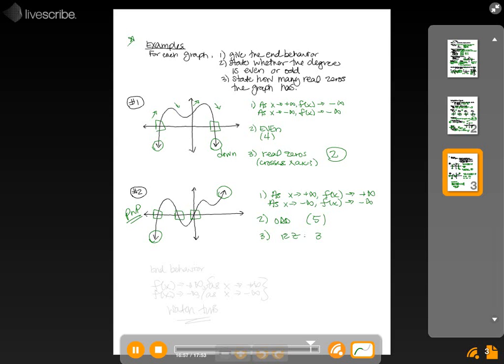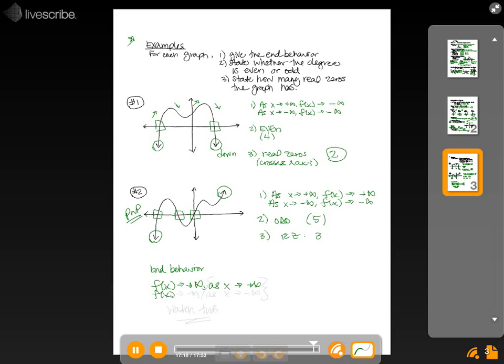Now, one thing I want to point out is that end behavior, depending on what you're looking at, may be written one of 2 ways. The way we've written it is the first way, but sometimes they have it switched around on you. So like for this one, they would write it like this.